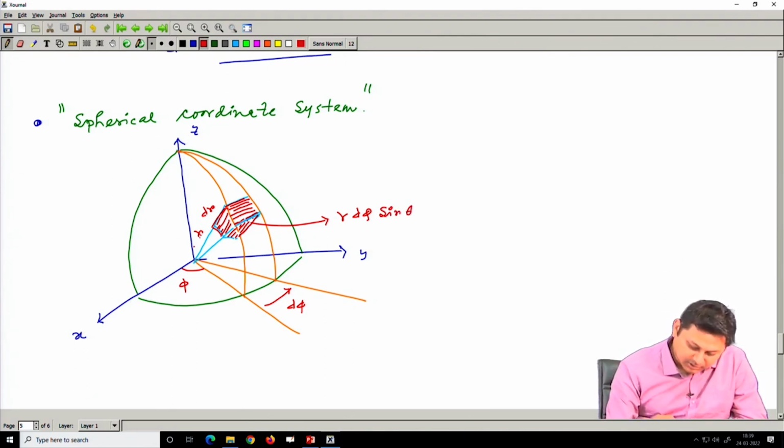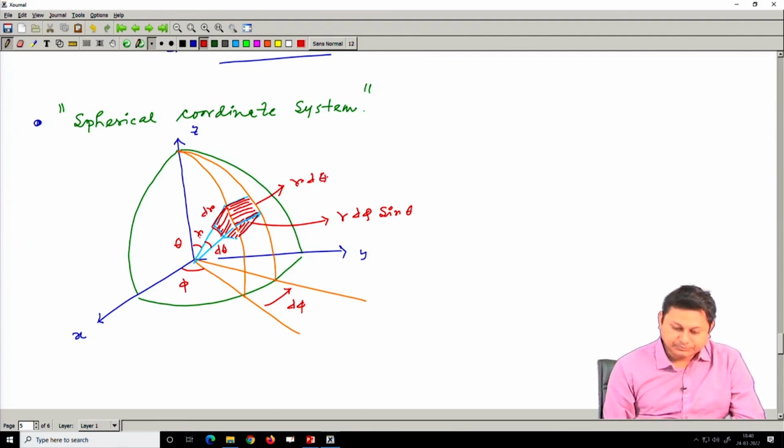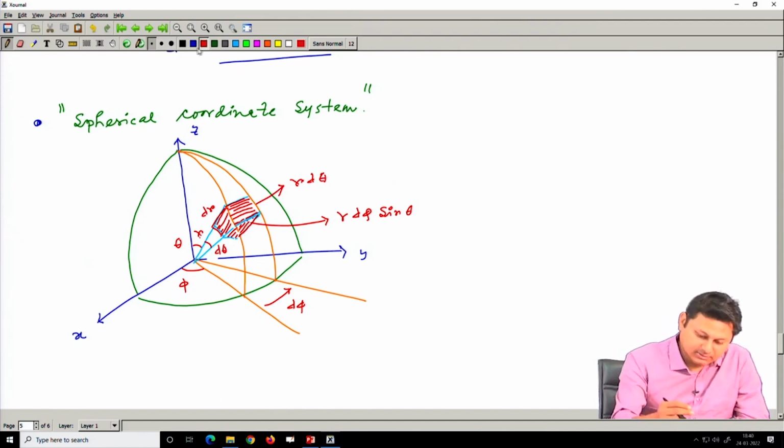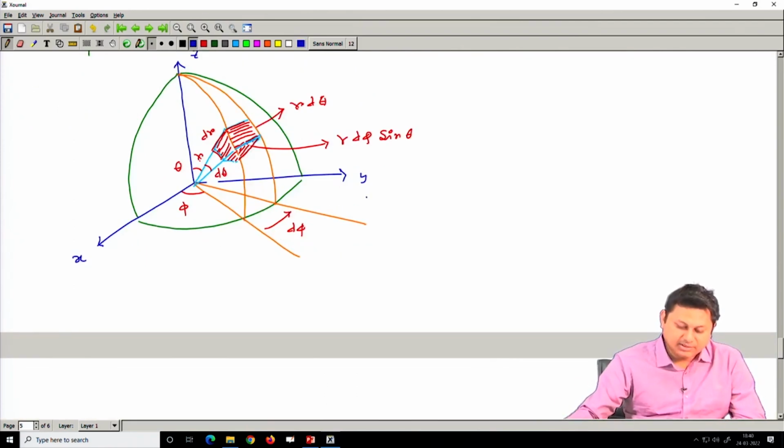R is this one, but I am having a theta here also, and this tiny thing is d theta. So this length should be r d theta. Okay, so all the length elements are now in my hand.